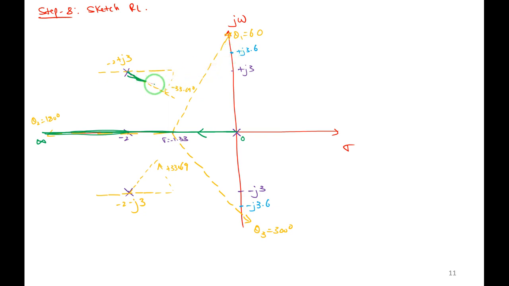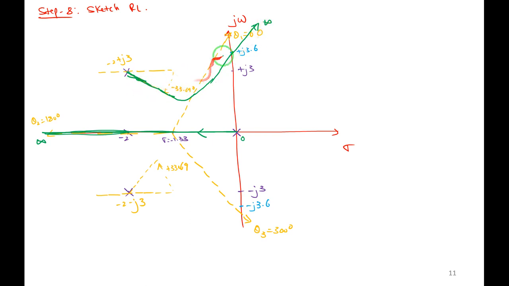Before intersecting, you can observe it will move and take a bend, so let me draw it roughly and make it parallel like this, and it has to intersect here and move parallel to this towards infinity.